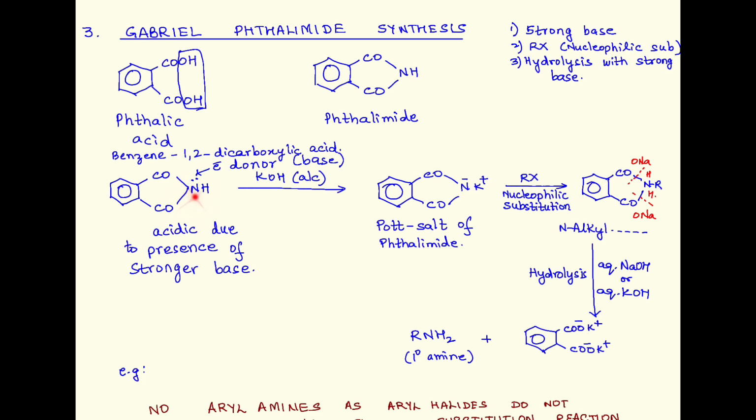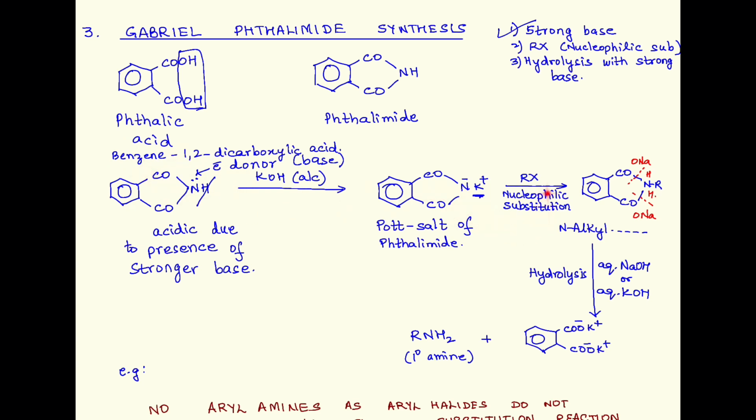So, it becomes a proton donor instead of a proton acceptor, and they form a potassium salt. So, the hydrogen gets replaced by potassium. So, the first step of our reaction is reaction with a strong base. Now, I have got the potassium salt of phthalimide. So, I had phthalimide, and from it I have got the potassium salt.